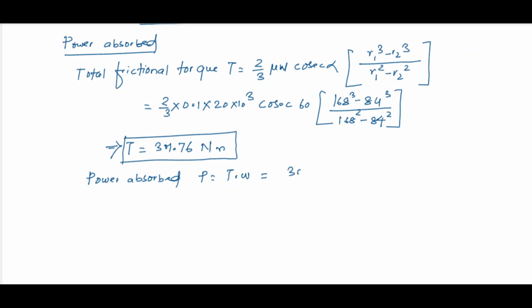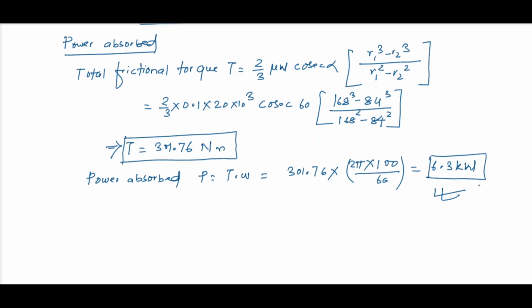So 301.76 into omega, which is 2 pi N, N is given 100 rpm, yes, N is 100 divided by 60. So you will get a value of approximately 6.3 kilowatt. This much power is absorbed in friction.